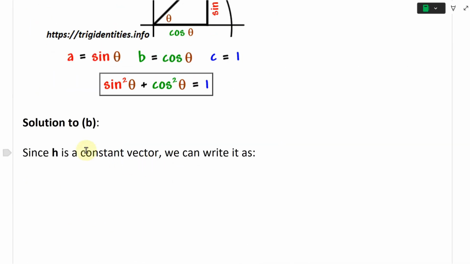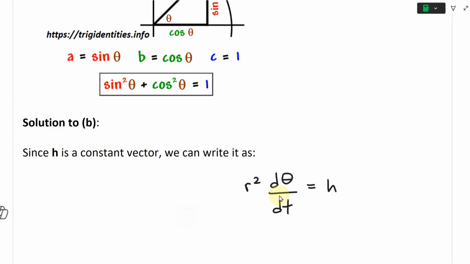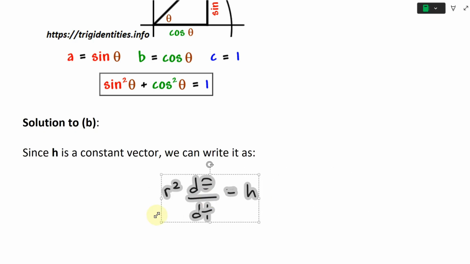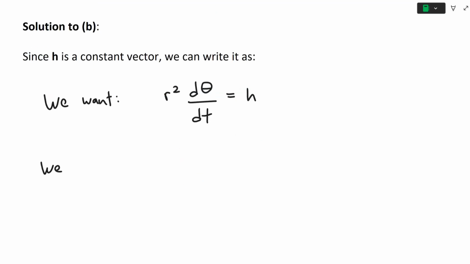So it's pretty straightforward because we know that, since h is a constant vector, we could write it as, well, before I write that, we want to show that r squared d theta over dt equals h. All right, so we know that h is a constant vector, so the h vector is equal to, the calculus book just writes it as gamma, a gamma and then k vector like that.